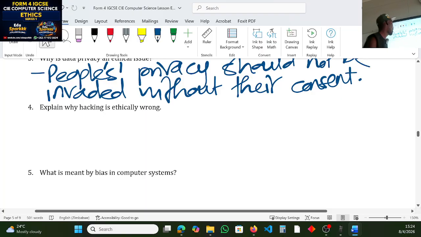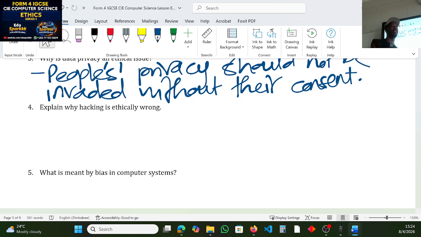Then the next problem we are interested in is explaining why hacking is ethically wrong. Well, sometimes hacking can be ethically correct if it's done in a manner that advises an organization of vulnerabilities within their systems. But hacking on its own is wrong because one is gaining access to computer systems or data without authorization.